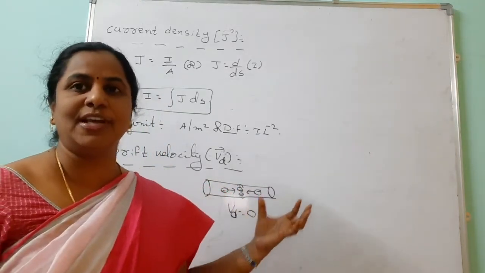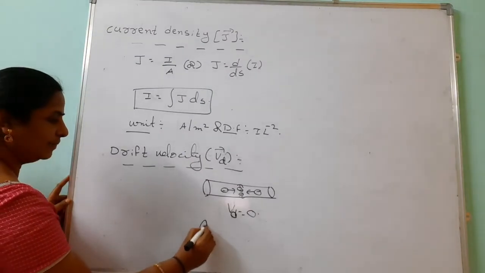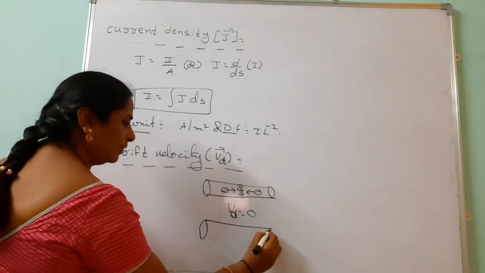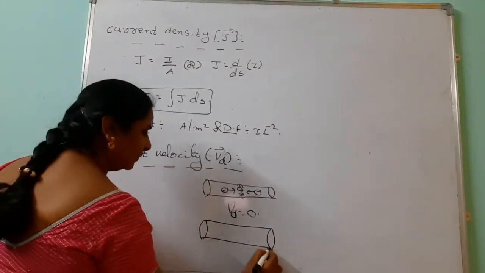How is it possible? I am showing here. Look, we take this conductor, and across this we give the battery connections.